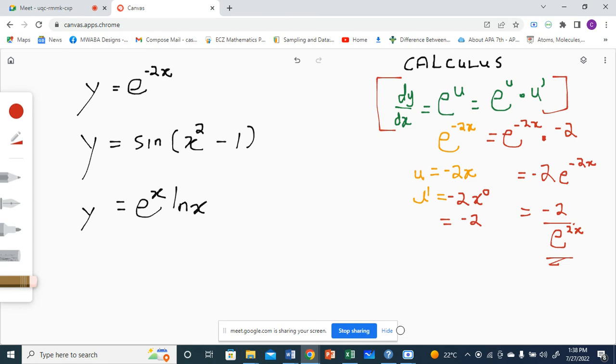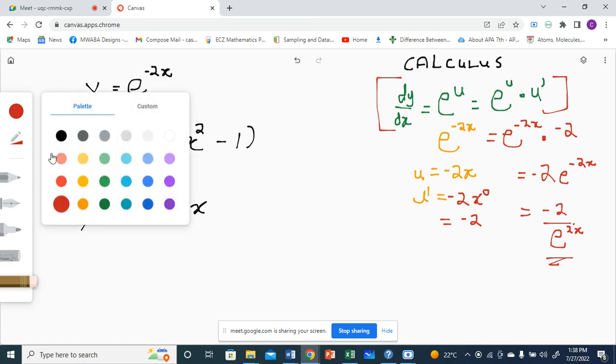Now we have to derive u, and we'll derive it using the power rule. Let me also write the power rule so that we remember it too.